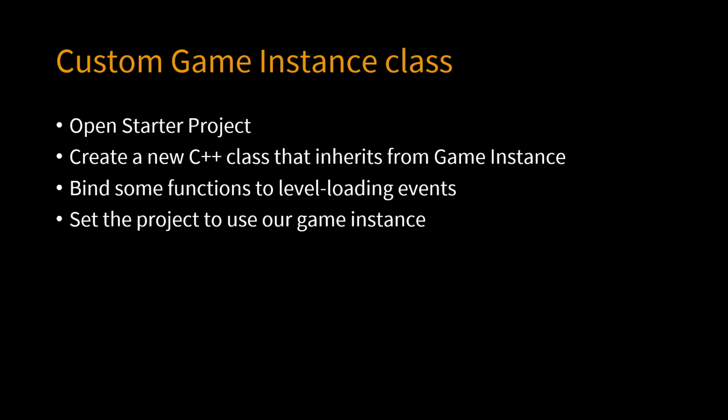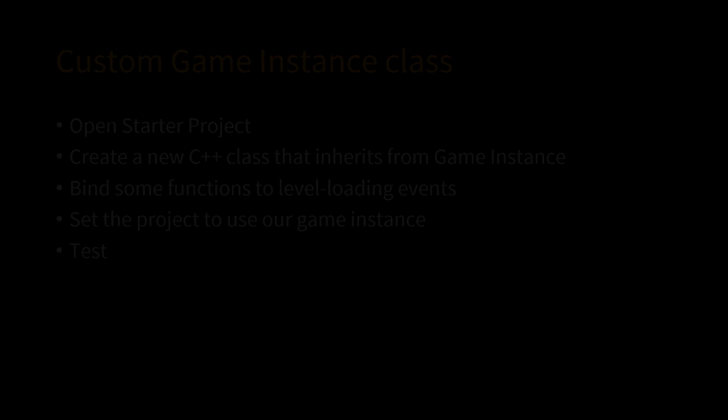Next, we'll configure our project to use this custom game instance. This is a crucial step. Without it, Unreal wouldn't know to use our loading screen implementation. Finally, we'll perform some initial testing to ensure our game instance is properly set up and receiving the level loading events. Let's look at how we'll create this for our project.